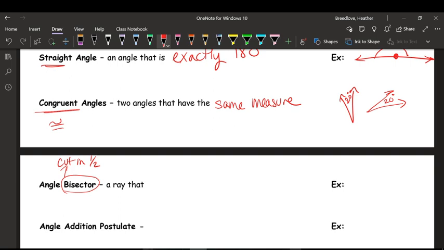Here we have an angle bisector. So an angle bisector is a ray that divides an angle into two congruent angles.